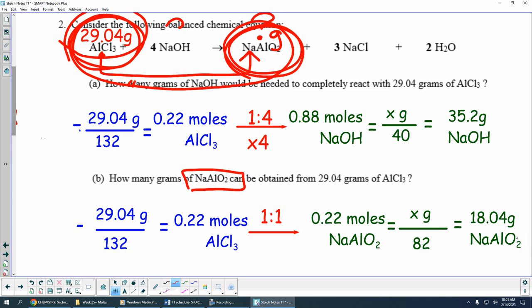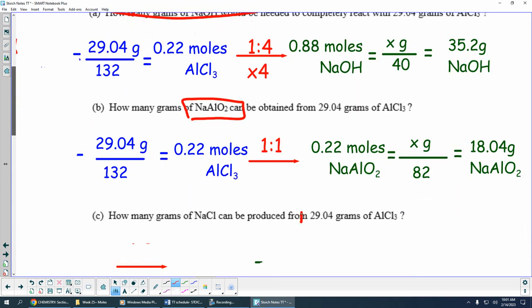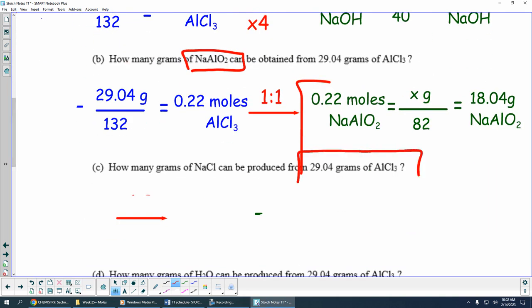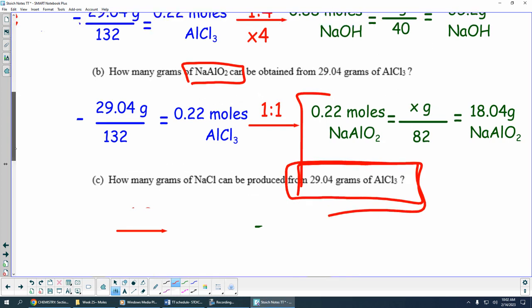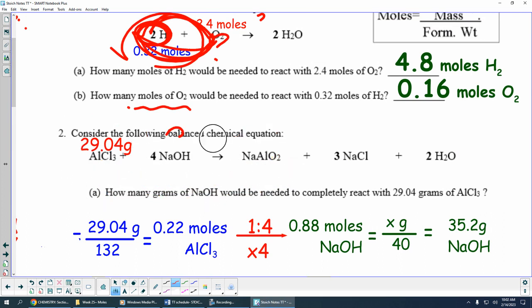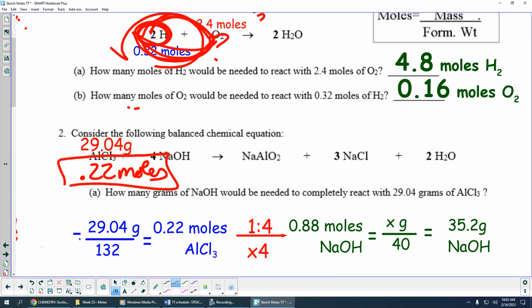We are going to take the same amount again. 29.04 grams of AlCl3 again, but this time I want to know how much salt you will make. So again, I'm starting with 0.22 moles of this. Now, take that, box it up.